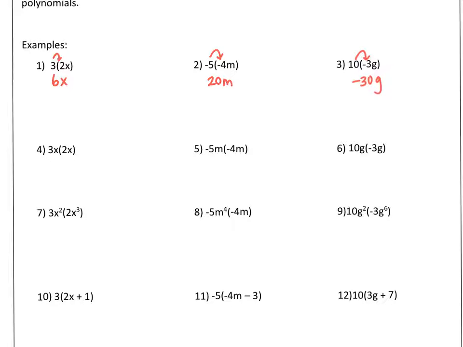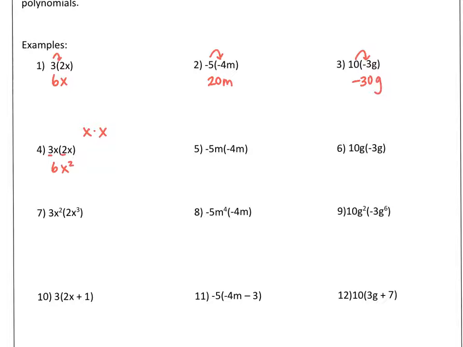Okay, when I have a monomial in the front that has a variable in it, again, I'm going to multiply the numbers times the numbers, so 3 times 2 is 6, and then what I need to do is multiply my x times my x. Well, if it's x times x, that means x squared.